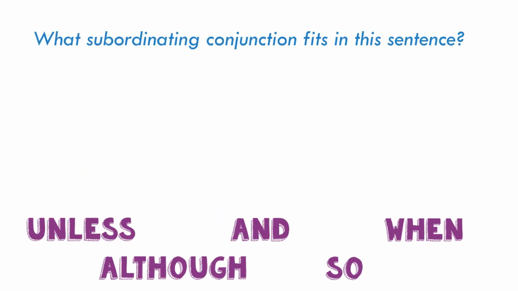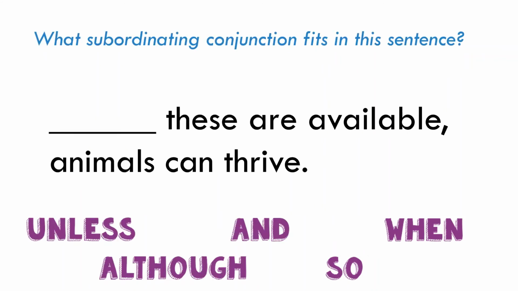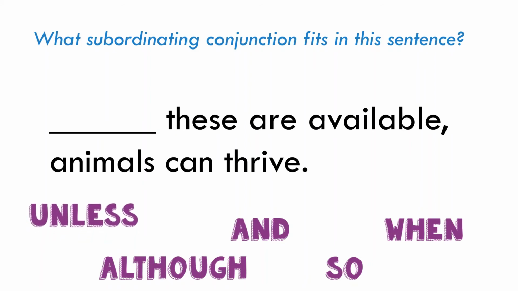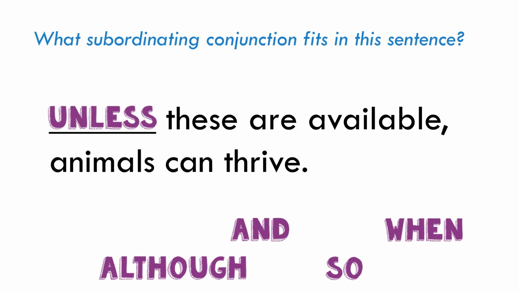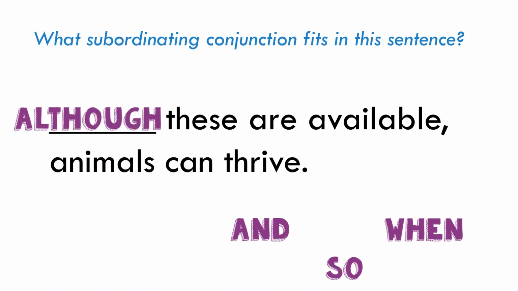What subordinating conjunction fits in this sentence? Blank, these are available, animals can thrive. Let's try our first one, unless. Unless these are available, animals can thrive. That one doesn't work. Although these are available, animals can thrive.